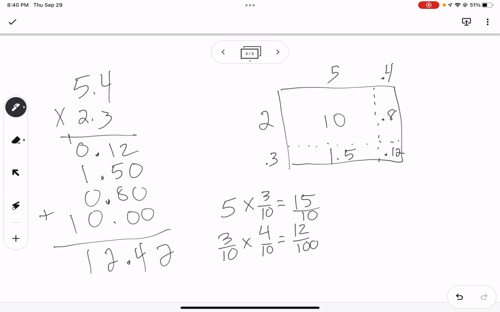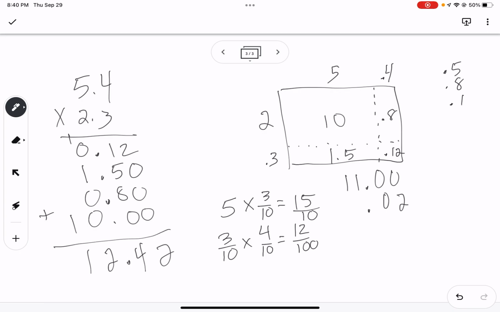If I do my wholes, 10 and 1, okay, and then if I do my hundredths, and then if I do my tenths, we have 5/10, we have 8/10, and we have 1/10.